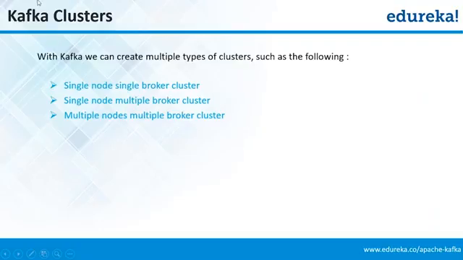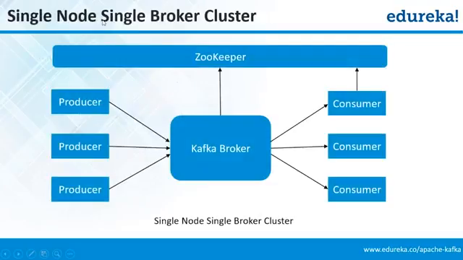The first one is the single node, single broker cluster. The second one is multiple brokers in the same node, and the last one is the multiple nodes, multiple brokers cluster. Just by looking at it, you might wonder what the different use cases of these three modes are. We're going to briefly talk about that as well.